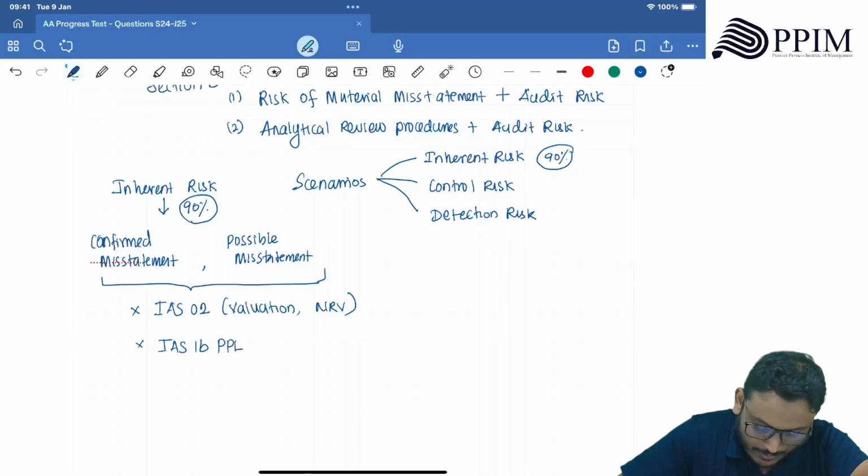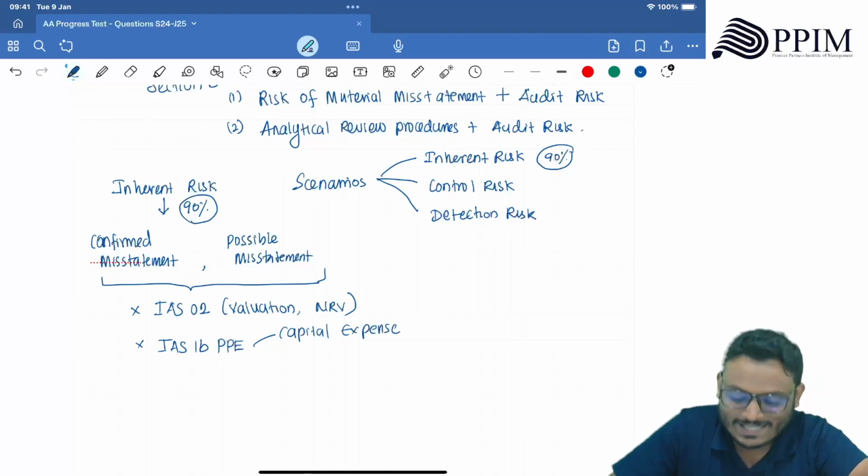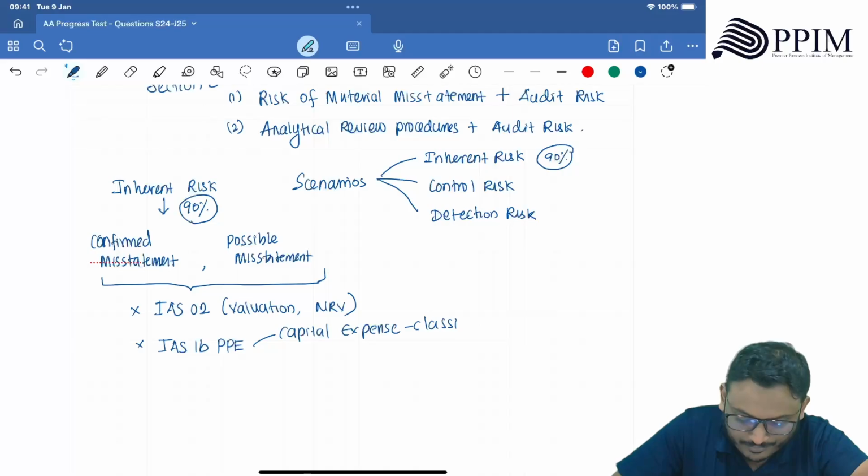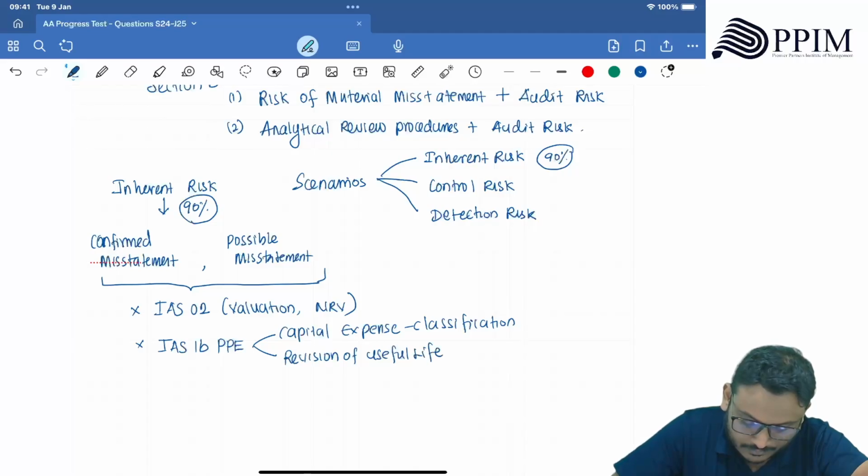Second one, IAS 16 property, plant and equipment. It can be capital expense related one. That means classification, capital revenue expenditure, or revision of useful life, or revaluation, or cost related issue.